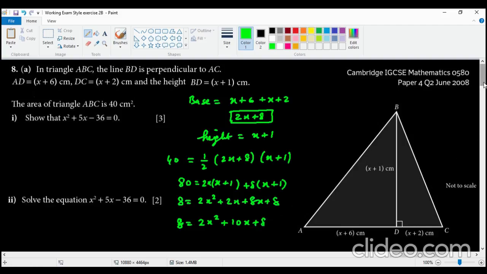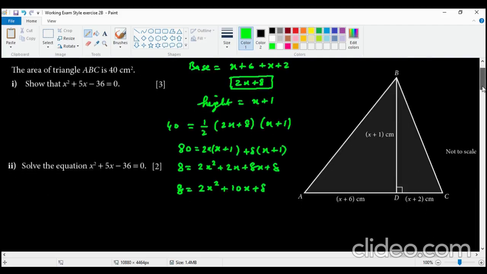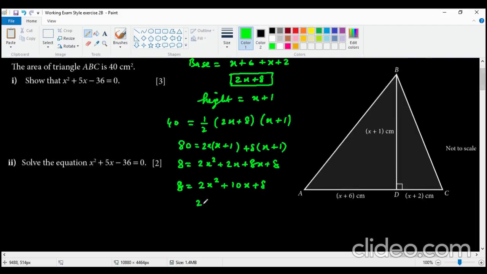So finally, it gives us 2x square plus 10x plus 8 minus 80. So this gives us 2x square plus 10x minus 72.